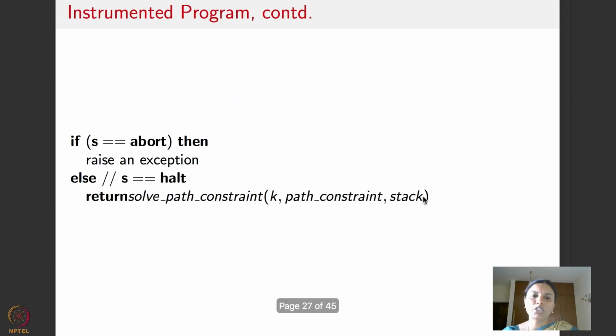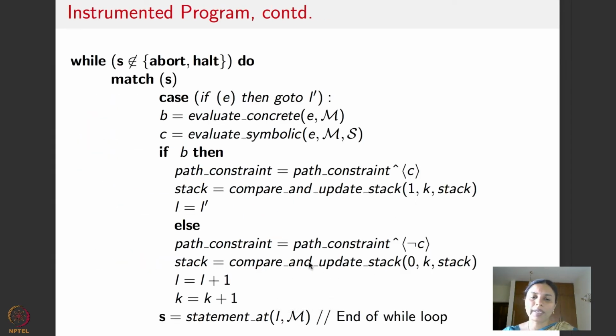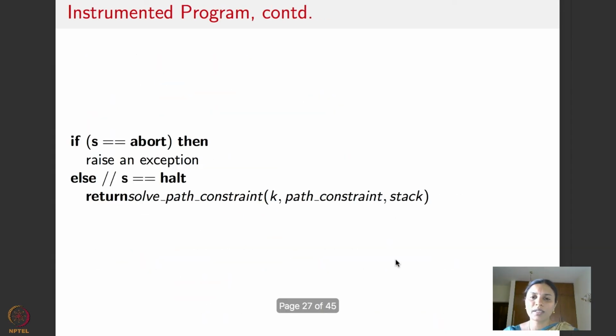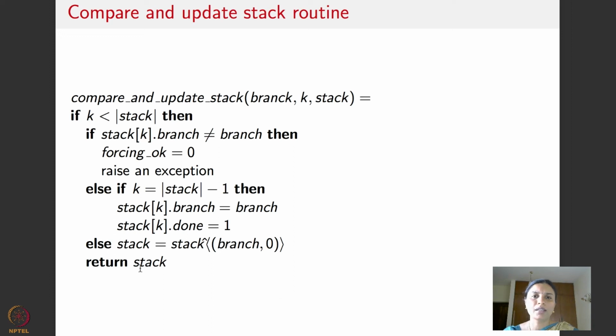Now in this, it used this routine called compare and update stack. What does that do? That tells you how to update the stack. Here is the code for that. So the stack has a maximum capacity. This part says as long as you've not reached the maximum capacity, if the stack branch is not equal to branch, then there's a problem. Set forcing OK to 0 and raise an exception.